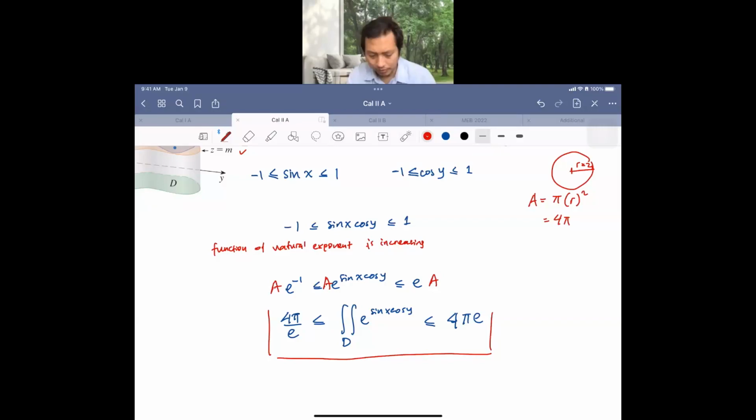Usually this is quite helpful if you are going to implement some estimation. If you want to estimate some values, you can measure using a double integral how minimum the value is and how maximum the value is.